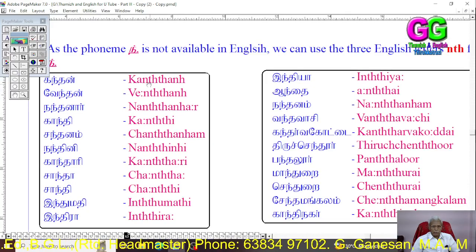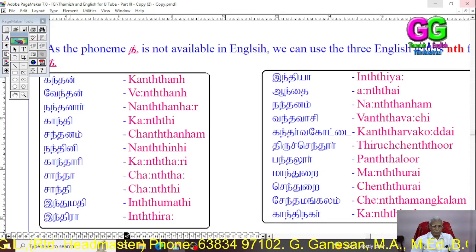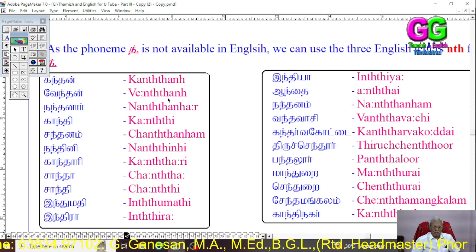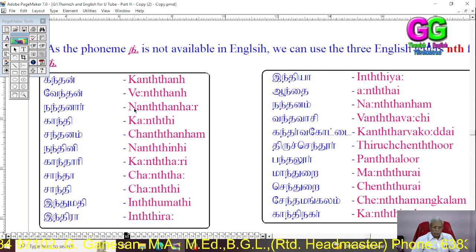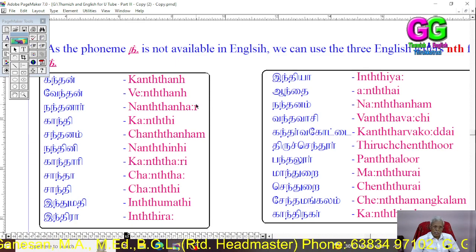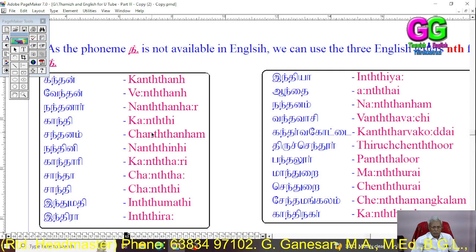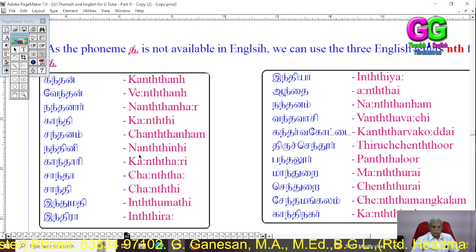Well, let us see in English. Ka, in, ta, in Kandan. Ve, in, ta, in Vendan. Na, in, ta, na, im, Nandana. Ka, in, ti, Kandi. Cha, in, ta, na, im, Chandanam.